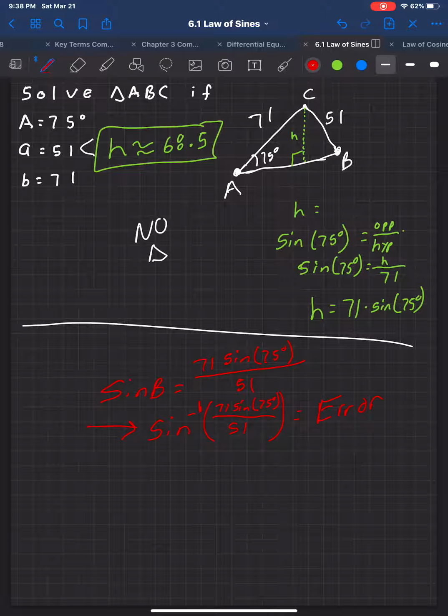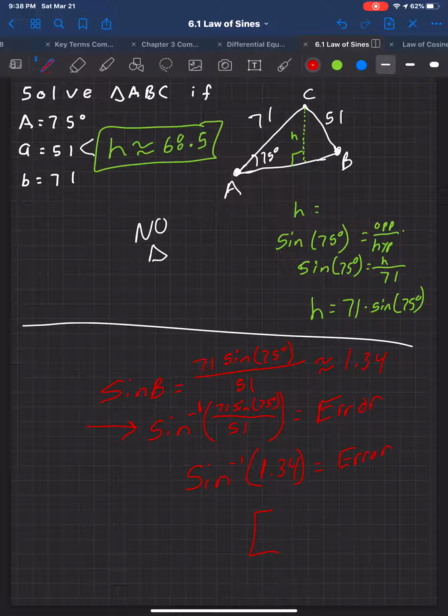Right? Because sine inverse, I just did it on my calculator. So 71 times sine of 75 degrees divided by 51 is about 1.34. And what I'm saying is if you put 1.34 inside your sine inverse, you're going to get error. Okay, so this is your calculator's trying to tell you that you don't have a triangle, right?